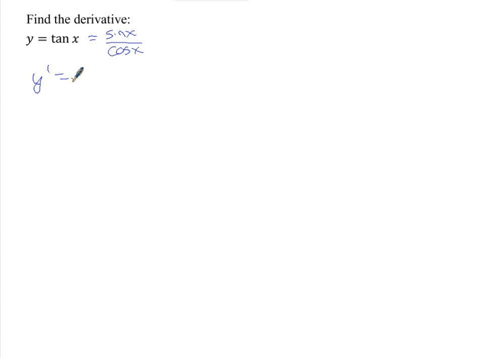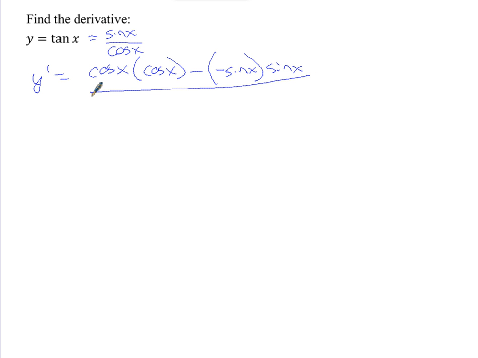f prime g minus g prime f, right? Over g squared. Okay, so f is the numerator, g is the denominator. So f prime will be what? Cosine x times cosine x, okay, minus, this is f prime, this is g, minus g prime, which is negative sine, so I'm just going to include parentheses, times the original f, which is sine x, all over g squared.